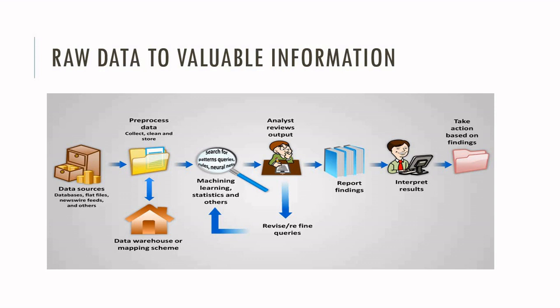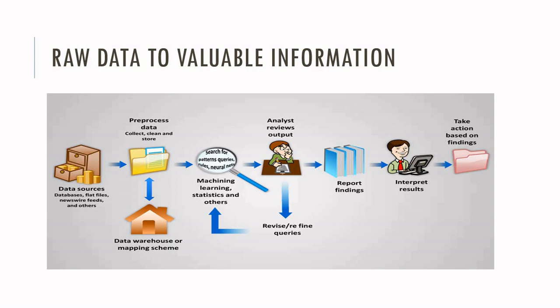This is the process of turning raw data into valuable information. When we perform these steps, we are able to take action on our business to improve the business or to improve the revenue.